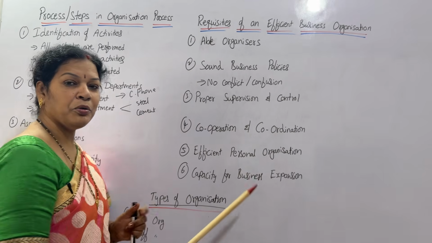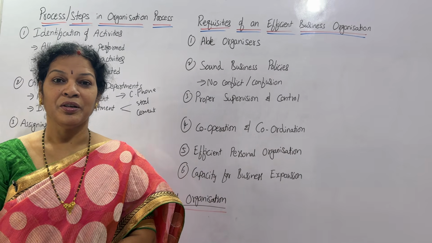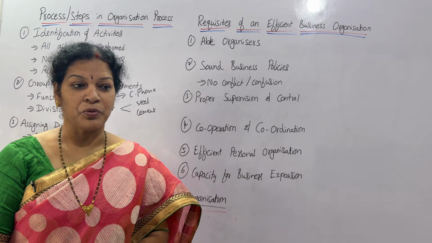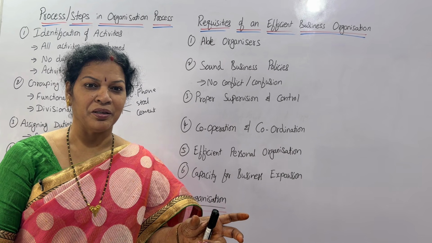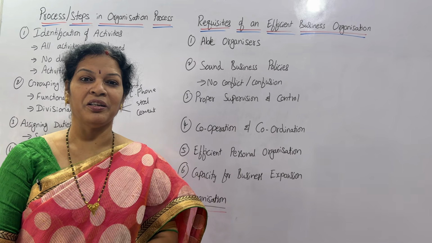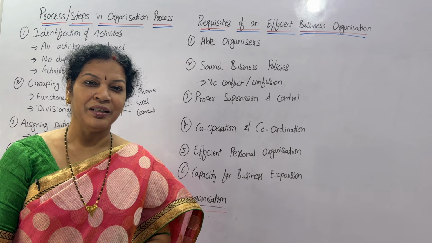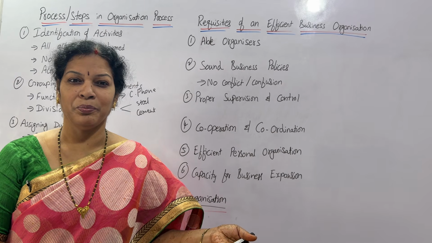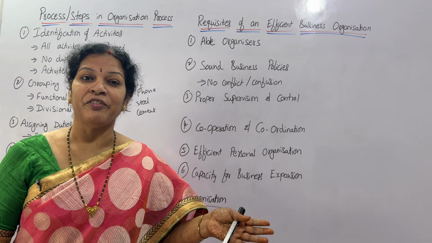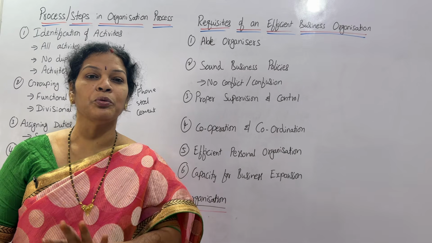And also cooperation and coordination is required. Cooperation between the employees, coordination between the departments, this is a must. Suppose one department is very active and efficient, the entire department is vibrant, but another department is very dull, with inefficient, lazy employees, going in a delayed way. Then there's no meaning in handling the things, because if you want to get things done, everything should be very vibrant, all the departments, all the things should go on very well.